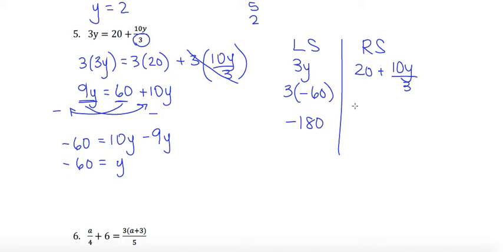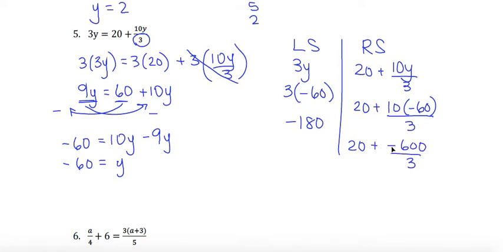The right-hand side, I'm substituting in the value for y. So I have 20 plus 10 times negative 60 divided by 3. So I'm going to multiply my numerators. So I have 20 plus 10 times negative 60 is negative 600 divided by 3.